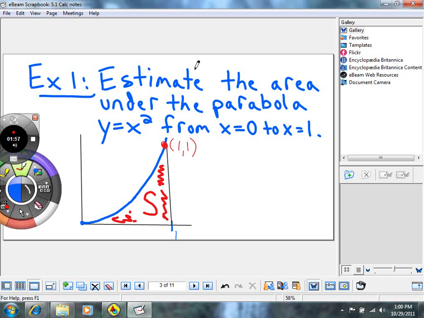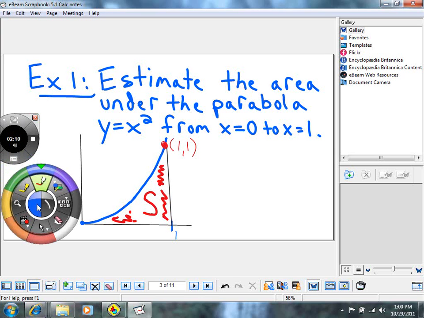Okay, let's say we want to estimate the area under this parabola from 0 to 1, and the curve is y equals x squared. What we could do is pretend we could just make a triangle here.